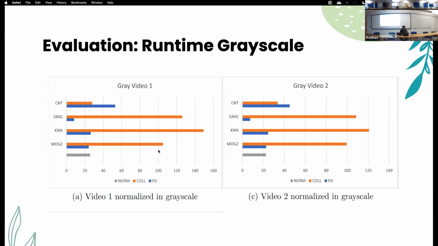We can see all these very fast orange bars that are doing upwards of 100 frames per second. However, with CNT, we can see that the application of the heuristic is much slower, slightly below 30 frames per second.